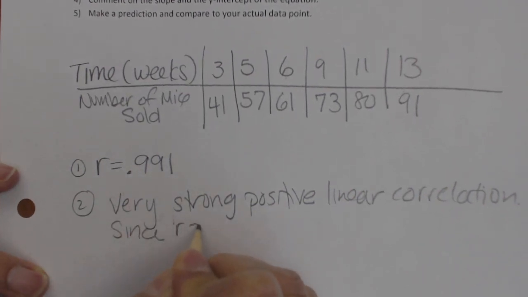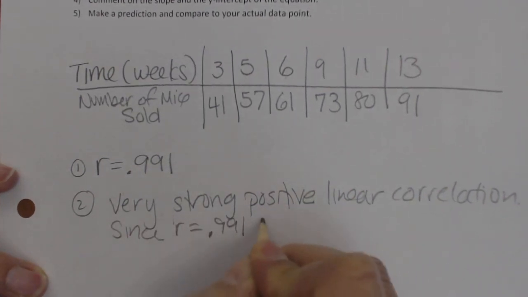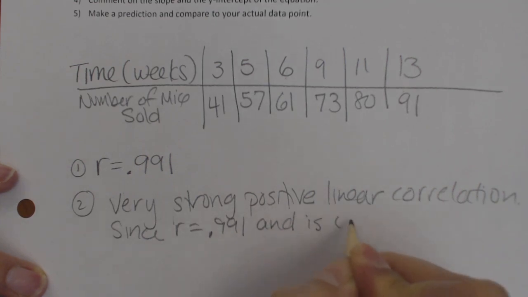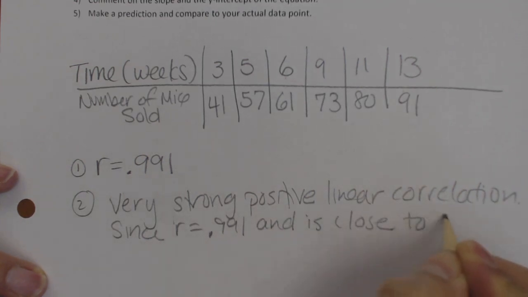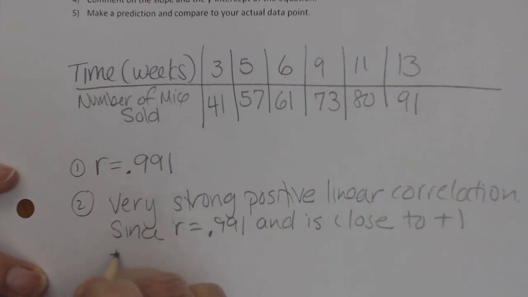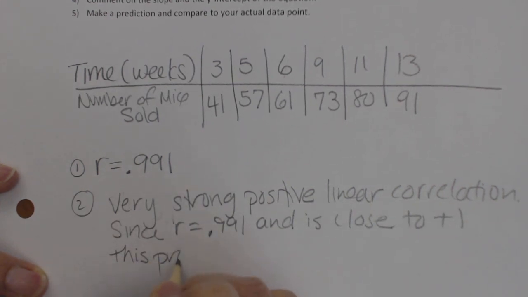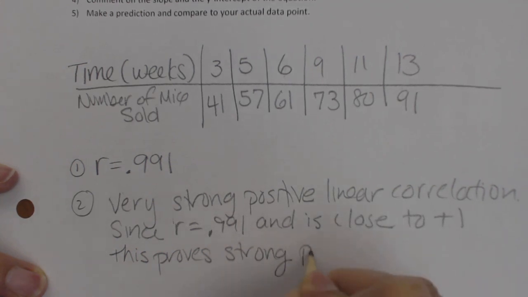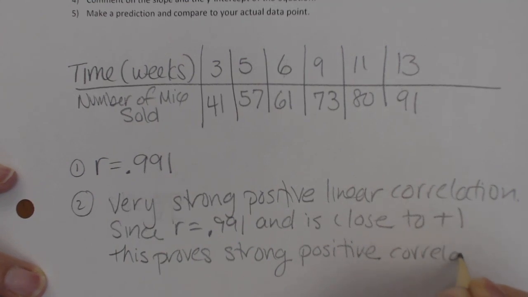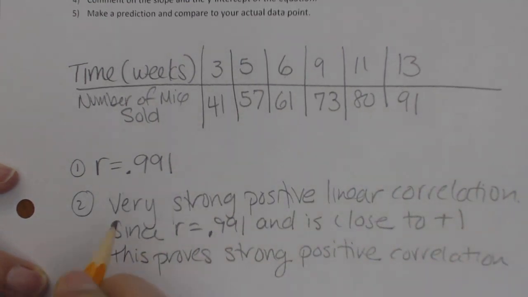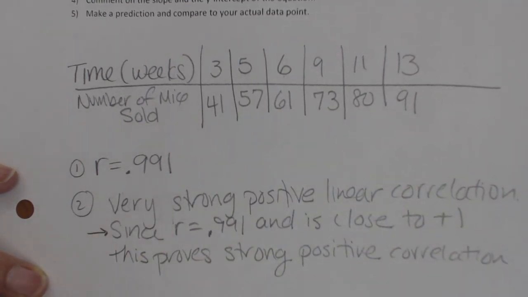Since R equals 0.991 and is close to positive 1, this proves strong positive correlation. I always like to prove it, and so that's the proving sentence right there. Because it's close to positive 1, that proves the strength and that proves the direction.